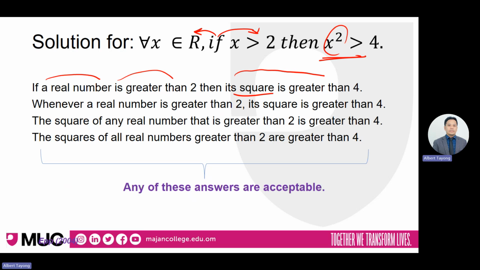So x here is a real number. You can use any of these sentences as well if you want to. It's up to you, but the easiest one is the first one.